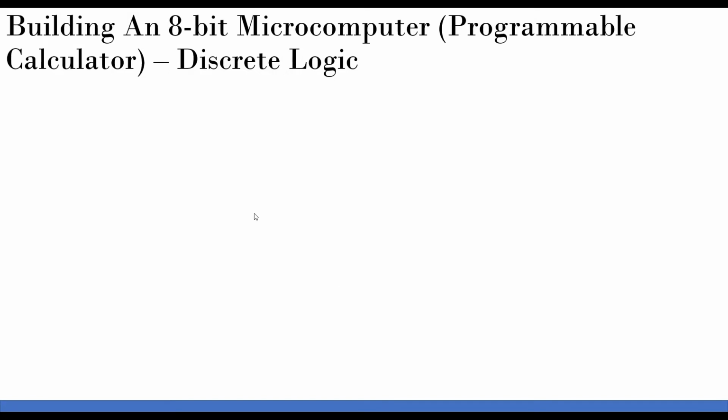As I said, it's an 8-bit microcomputer from logic gates, and it's more correct to say it's a programmable calculator. Okay, because we are not going to implement a lot of functionalities like in a modern day computer system, but rather it just gives you a feel of it.